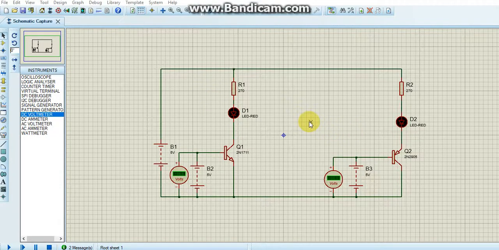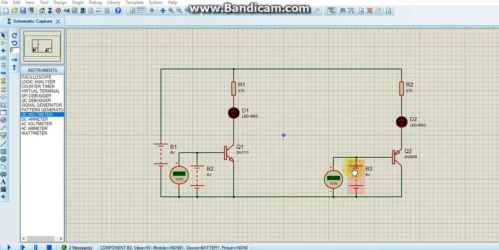Let's learn about the PNP transistor. The PNP transistor is slightly different than the NPN transistor. In this case, the emitter voltage has to be at least 0.7 volt higher than the base voltage.